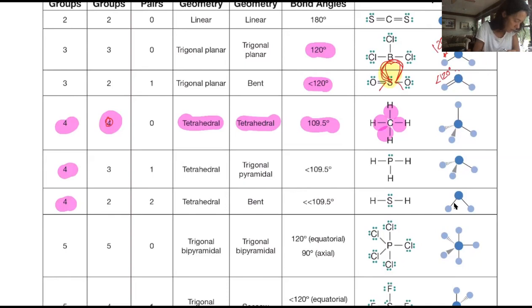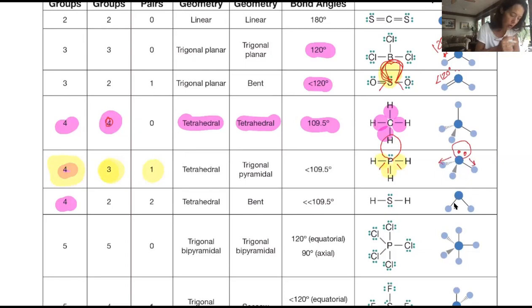If we have 4 domains, 3 are bonding, 1 is non-bonding, right? 1, 2, 3. And then there is our non-bonding Mickey Mouse here, right? So you see what happens is he essentially pushes these guys down, okay? And he's sitting there, and we have this angle going down.